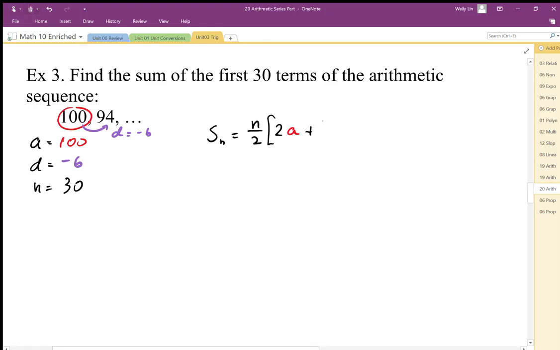This n minus 1 represents the number of steps from 1 to n, and then times that by the common difference.